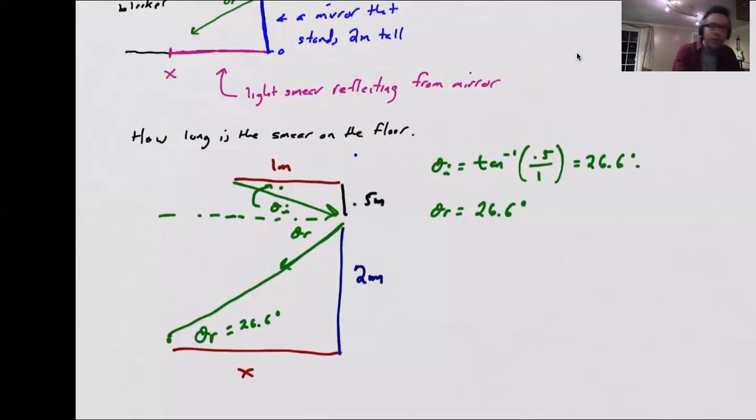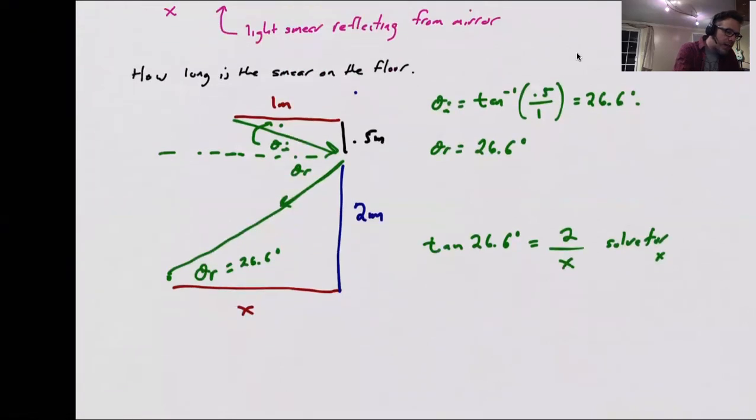So once again, we can use the definition of tangent, right? The tangent of 26.6 degrees is equal to the opposite, 2, over x, and we can now solve for x. And what we see is that x is 2 divided by the tangent of 26.6 degrees.